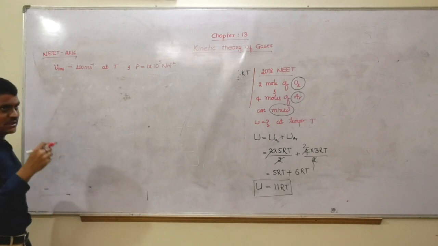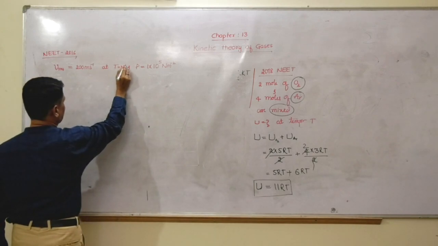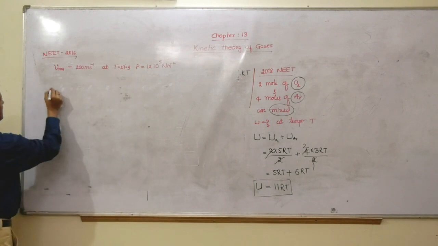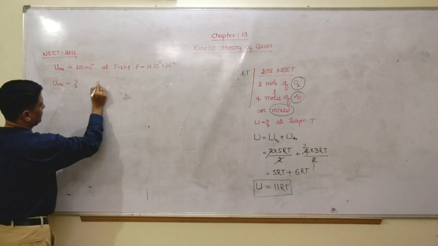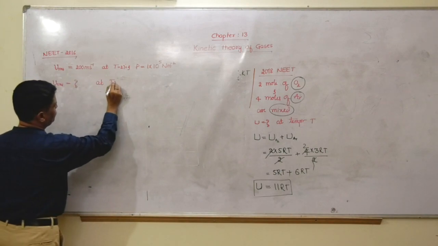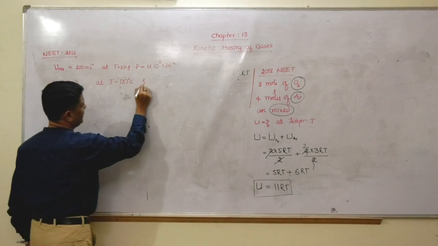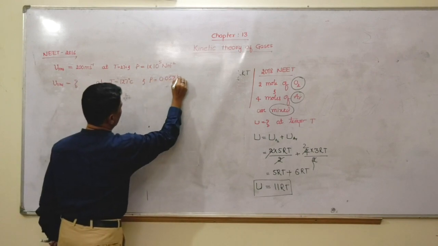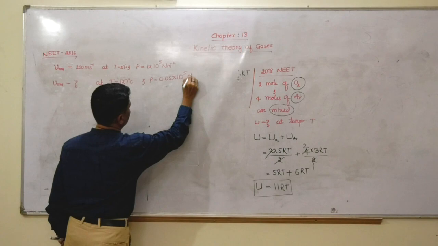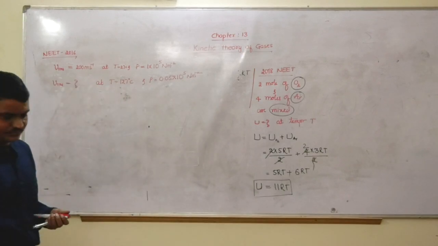I think temperature is also given, that is 27 degrees Celsius. Now, what is the VRMS of the same gas at temperature 127 degrees Celsius and pressure is 0.05 into 10 to the power 5 Newton per meter square? Please try yourself.